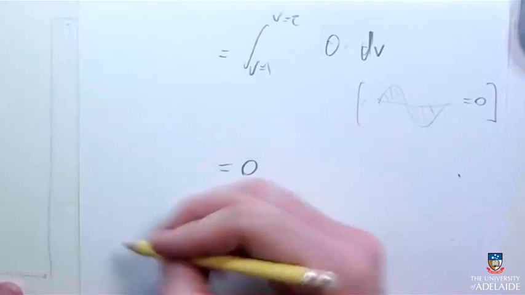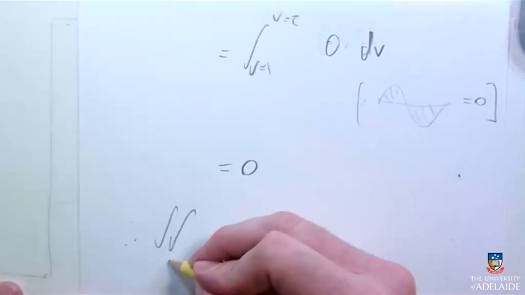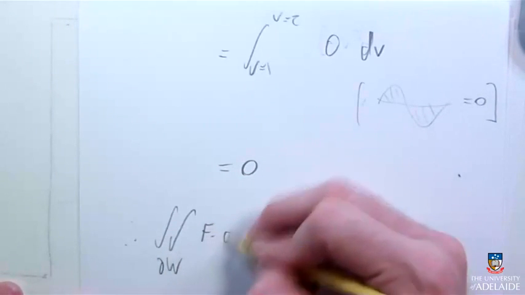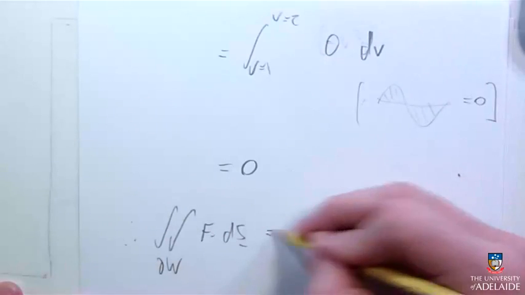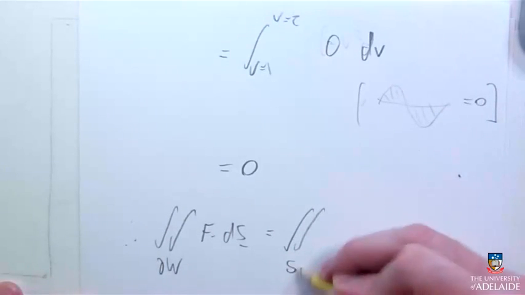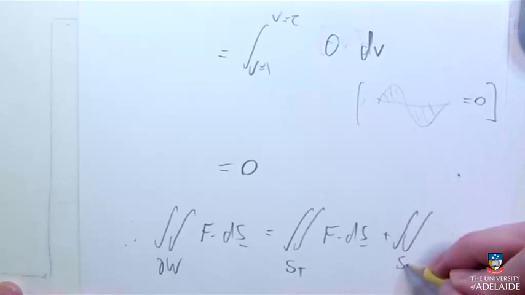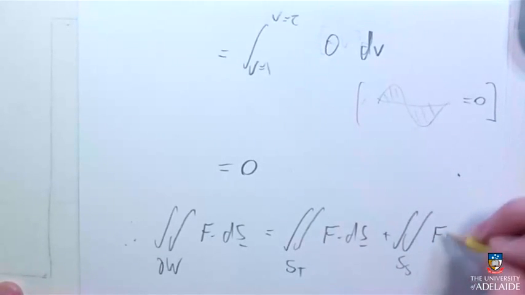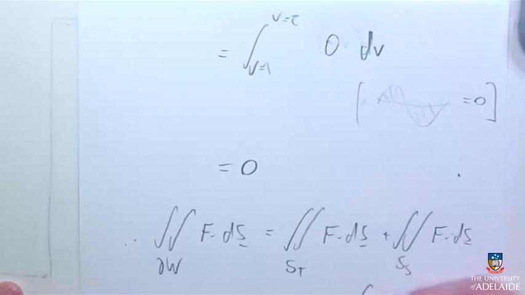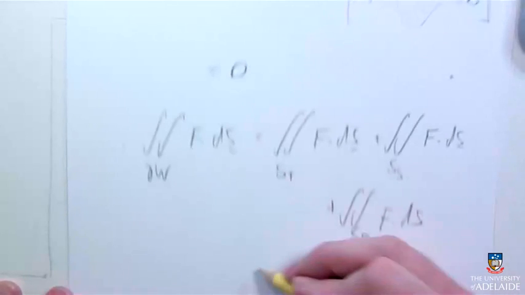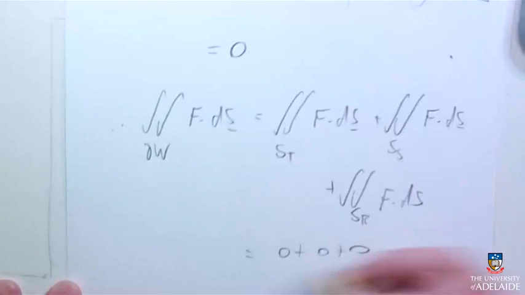So therefore, the double integral over my boundary of f dot ds, which was the sum of these three, is 0 plus 0 plus 0, which is 0.